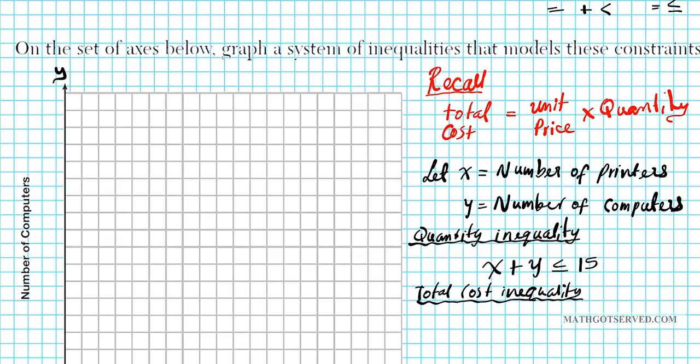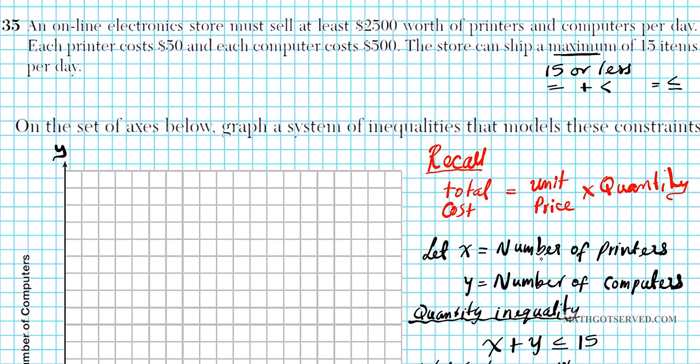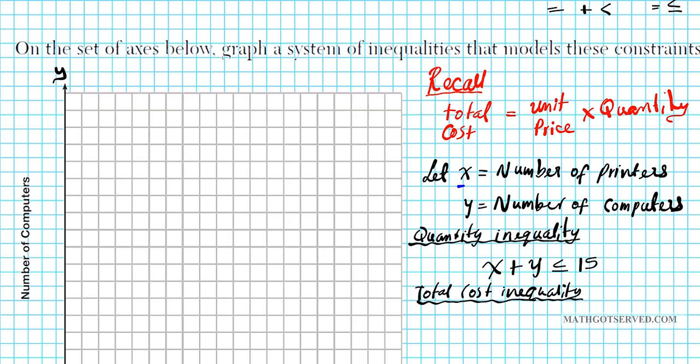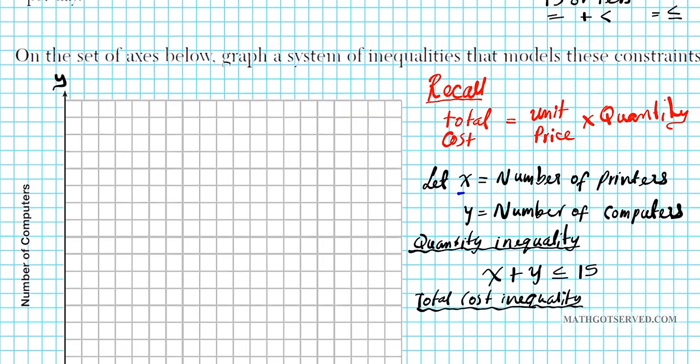Well, the cost for printers is going to be the unit price of printers times the quantity of printers. What is the unit price of each printer? Each printer costs $50. How many printers were shipped out? X printers. So we combine them together, and we'll have 50x for the total cost of printers.